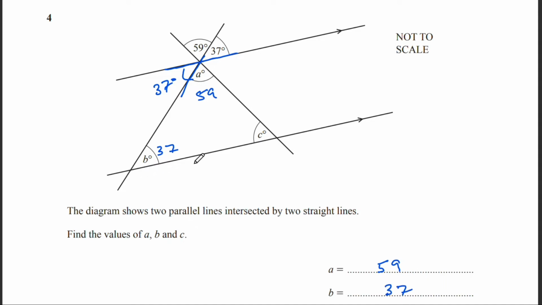Now for C. We see that this is a straight line. So this will be 180 minus the sum of 59 and 37.